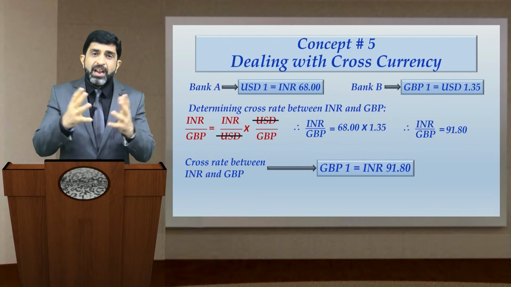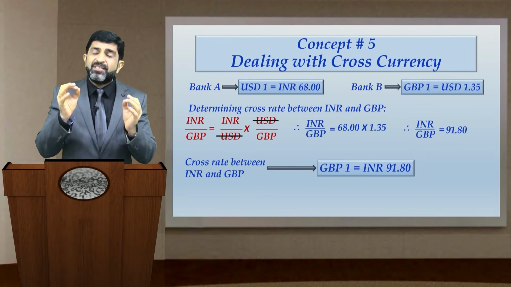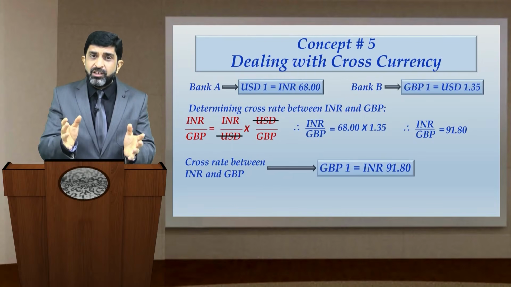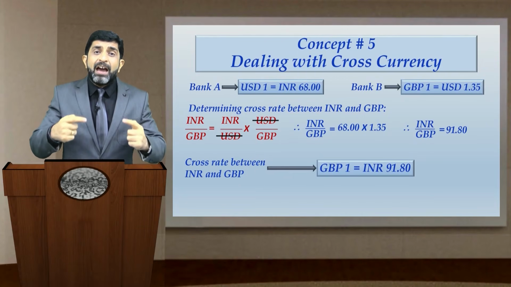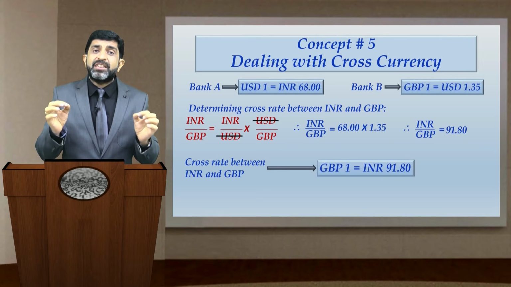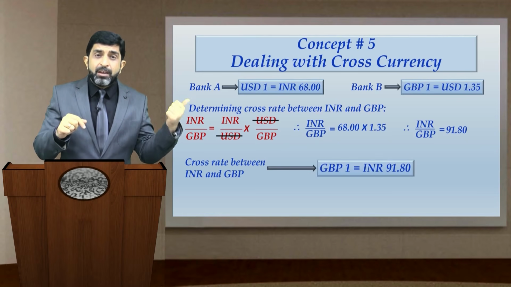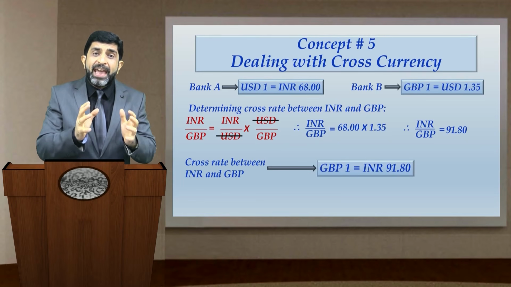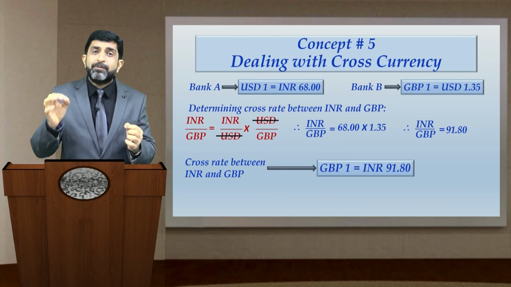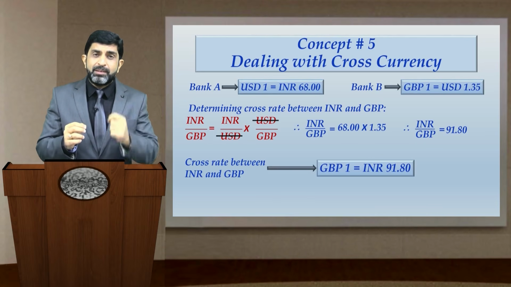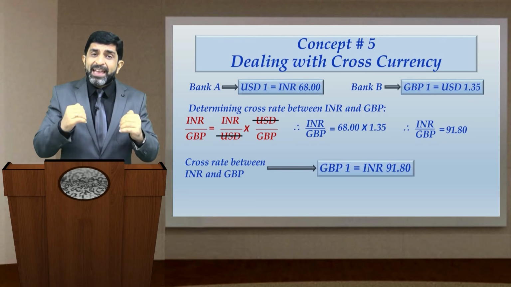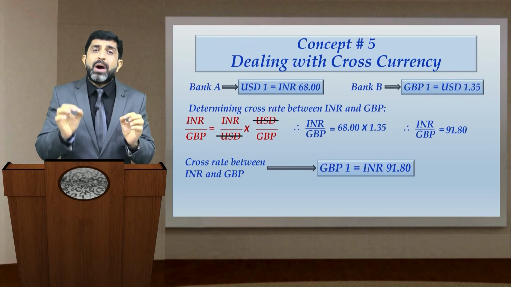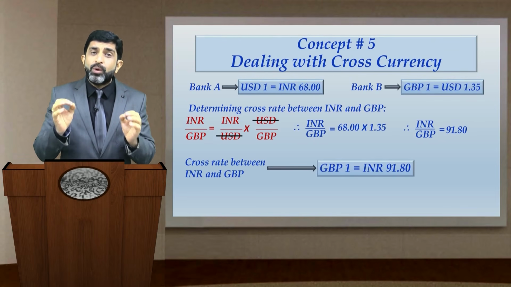Bank A is definitely fine with that exchange. Now from where did we have a need of 1.35 USD? From bank B, because we need to pay bank B 1.35 USD to obtain 1 GBP. Ultimately, from bank A, I will have to buy 1.35 USD.